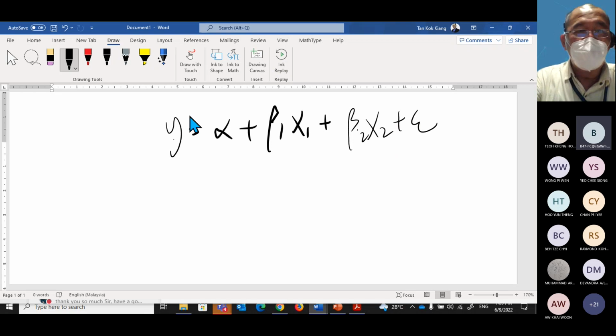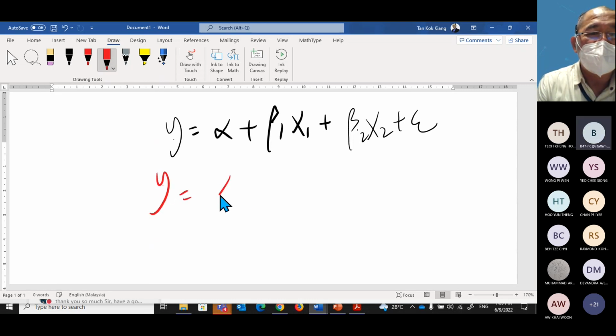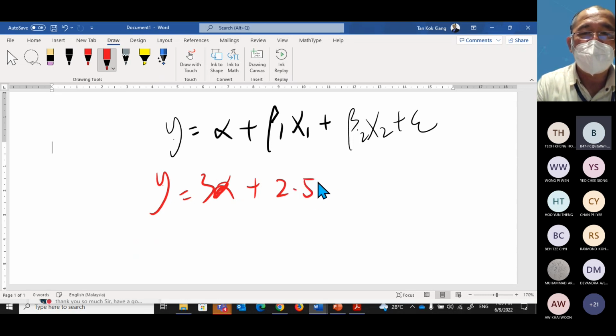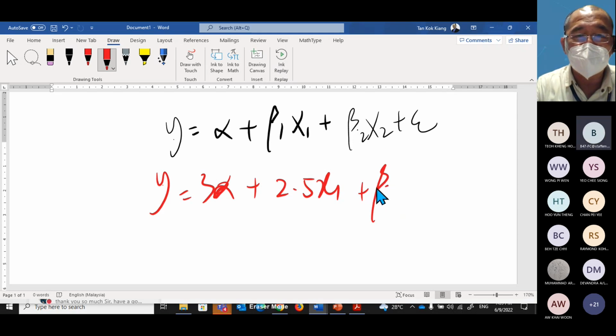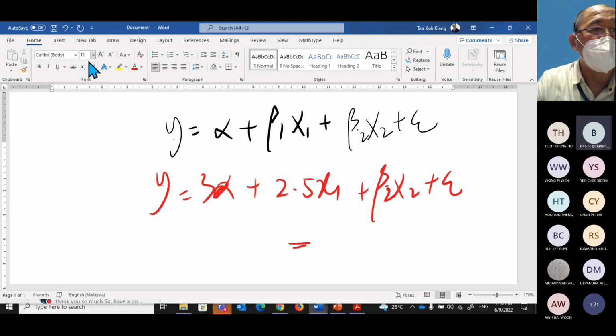Let's say the final result is y equals 3 plus 2.5 x1, and beta 2 is not important. Maybe discussed already, but now we see how to interpret 2.5.